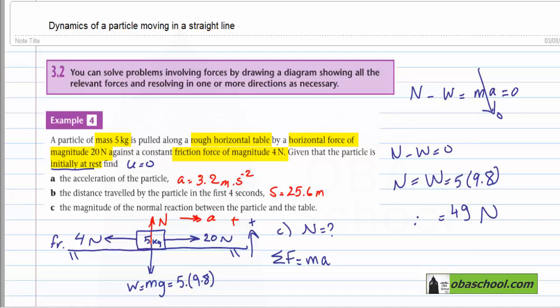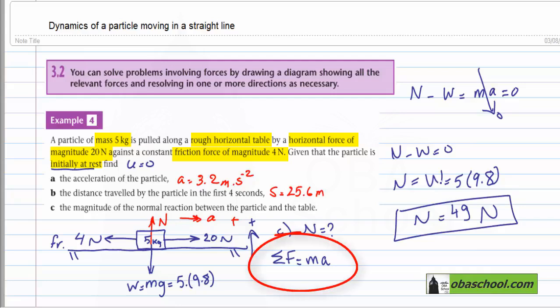This is an example of illustrating the given of a problem of mechanics, where we approach it by drawing the particle or the object. Then we assign all forces acting on this particle, and we draw their force vectors as we did. Then we proceed and apply Newton's second law to find the acceleration of the particle along the direction of this acceleration.